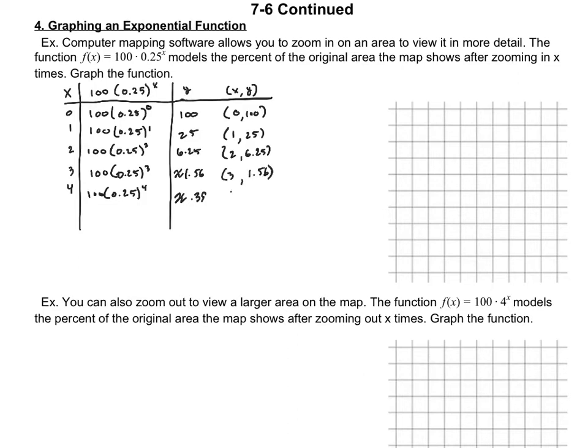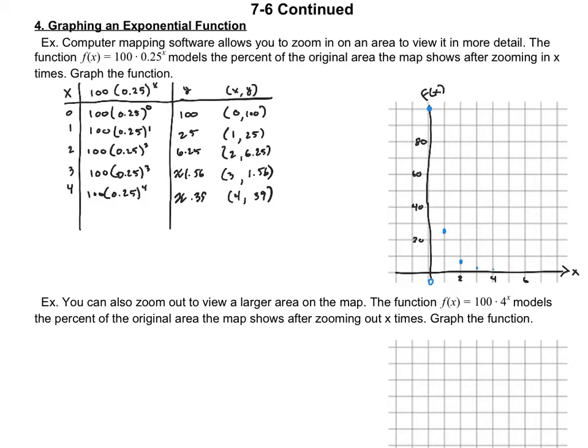But we're estimating here because we can't physically draw something that close with the materials at hand. So I have my ordered pairs, and I'm going to go ahead and make a graph real quick. As I graph some points, I'm going to have 0 and 100, 1 and 25, 2 and 6.25, and then I'm going to get really small, but I'm never going to approach the axis.